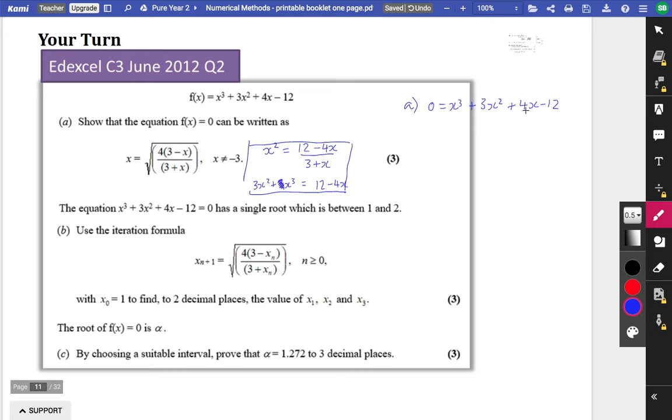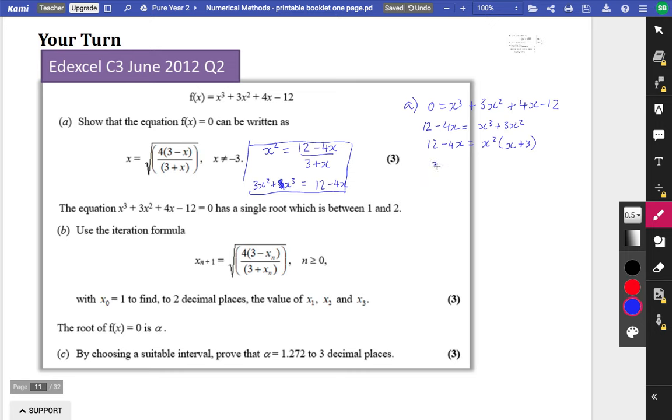I'm going to put the 4x and the 12 to the other side, so it becomes 12 minus 4x equals x cubed plus 3x squared, and then I'm going to factorize. So I get 12 minus 4x equals, and looks like I factorized out an x squared, so if I take out an x squared here, I'm going to get an x plus 3. Then I'm going to factorize this as well and divide by the x plus 3.